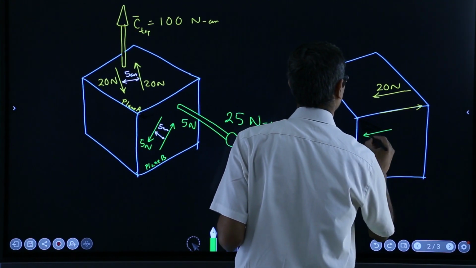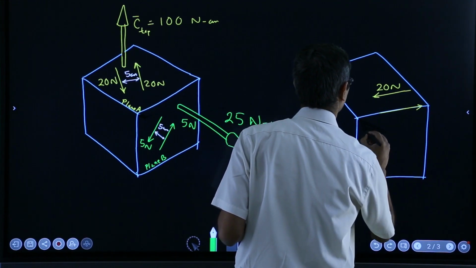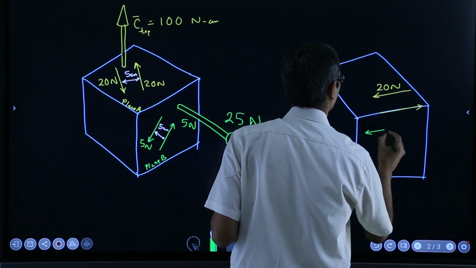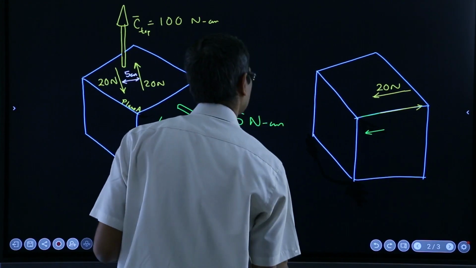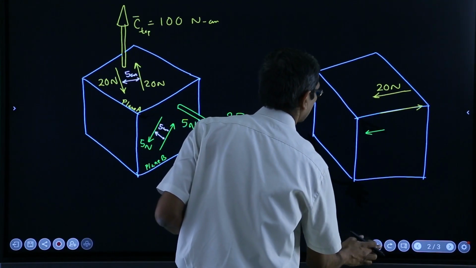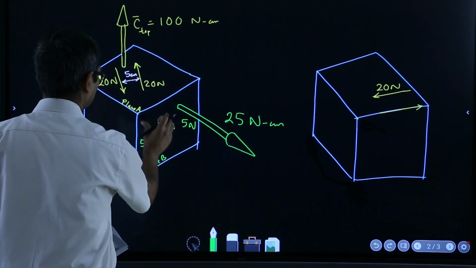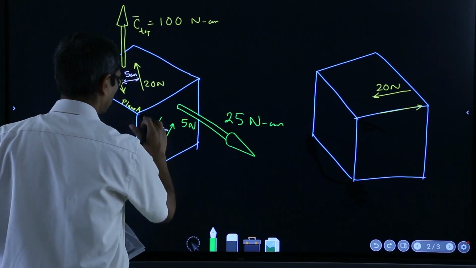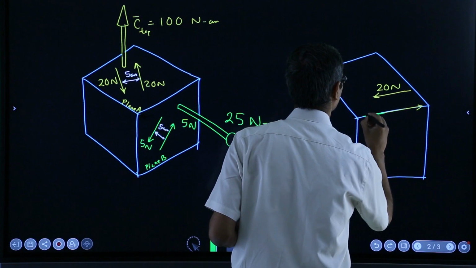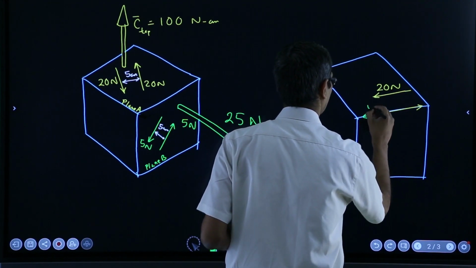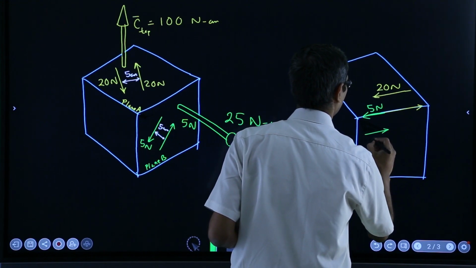So this is 5. I'll draw a bit shorter one to represent that it's 5, and on this side, which direction basically it should be, let's check. I'll bring this to match on this edge, so it will be this one. Okay, let's first draw this. So this is 5 newtons and this is 5 newtons.